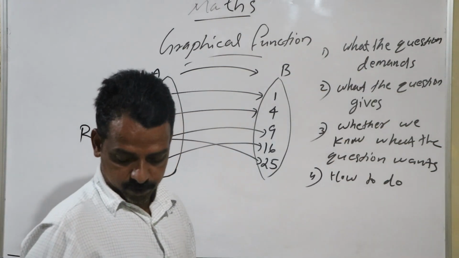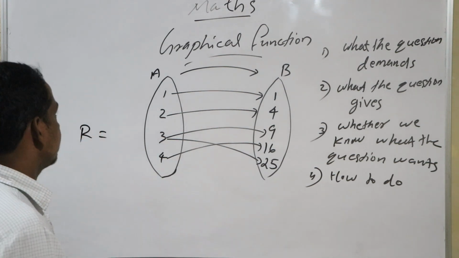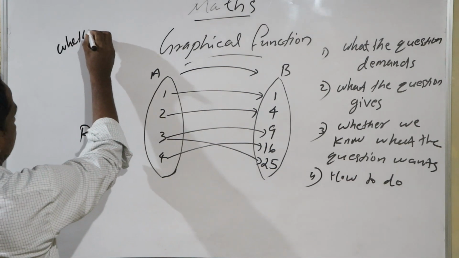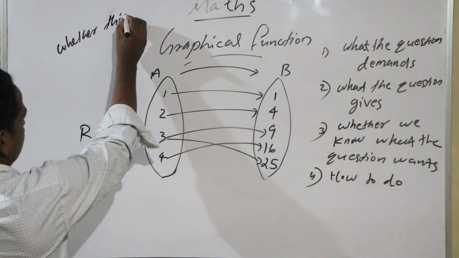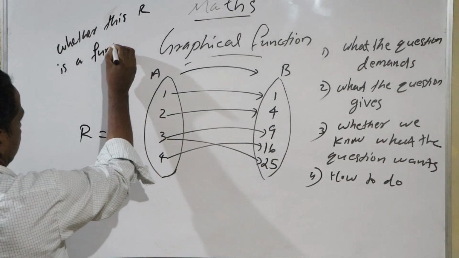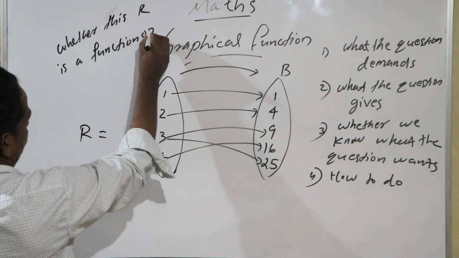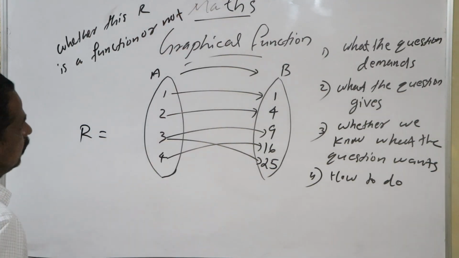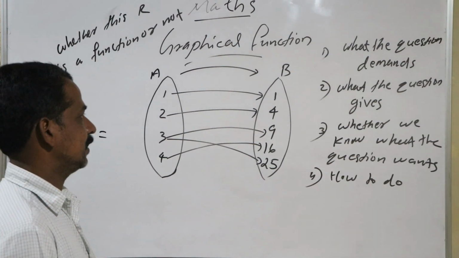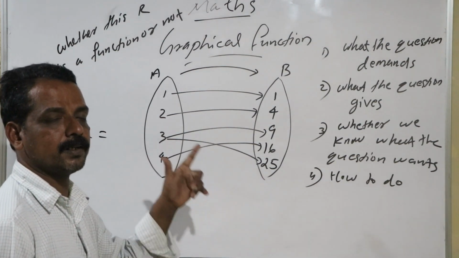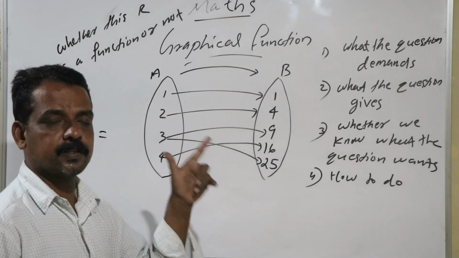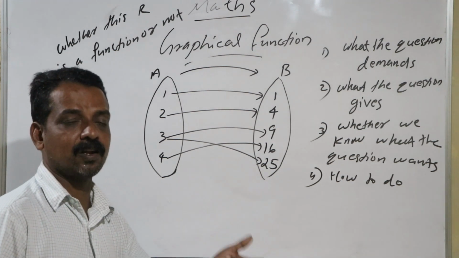What the question demands: the question demands whether this relation R, a relation from A to B, is a function or not. We must find out whether this relation is a function or not.